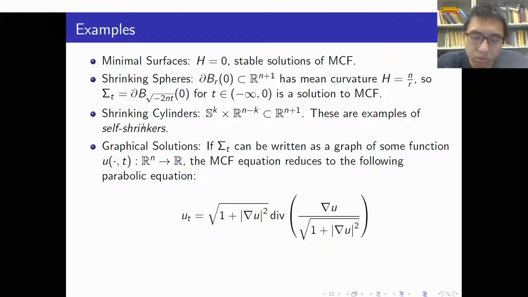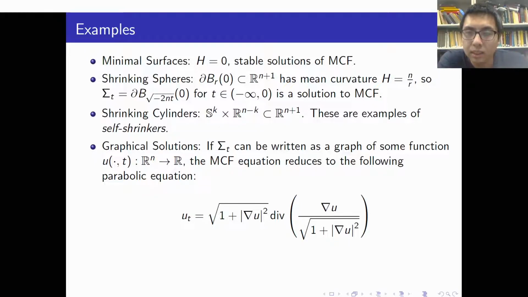And one of the classes that's particularly important to our discussion is the notion of graphical solution. So if your hypersurface can be written as a graph of some function from R^n to R, then the mean curvature flow equation reduces to the following parabolic PDE: u_t equals square root of 1 plus absolute nabla u squared times the divergence of nabla u over square root of 1 plus nabla u squared.